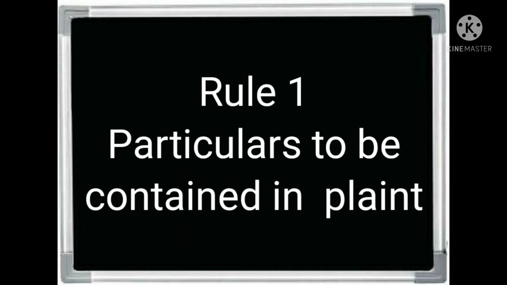Next, the facts constituting the cause of action and when it arose will be mentioned. After that, the facts showing that the court has jurisdiction will also be included. And the relief which the plaintiff claims: if any relief is claimed, it will also be mentioned in the plaint.